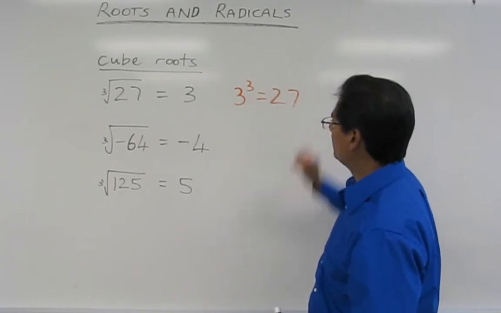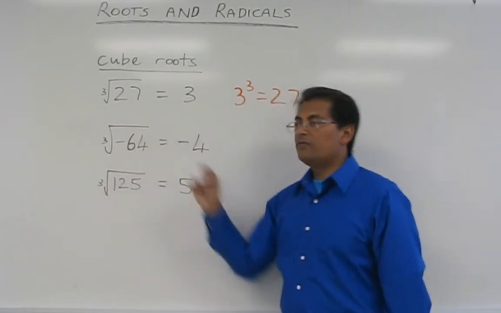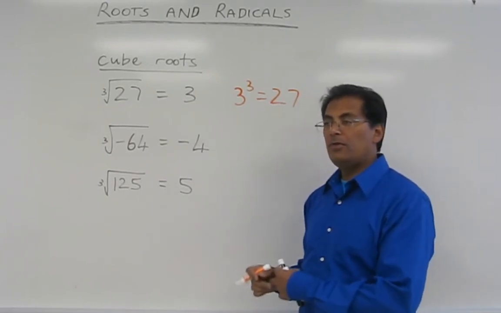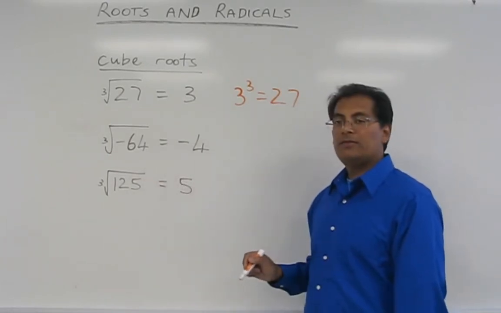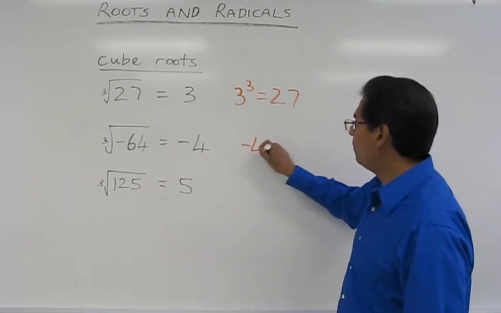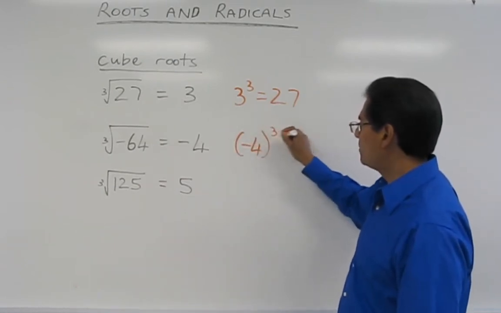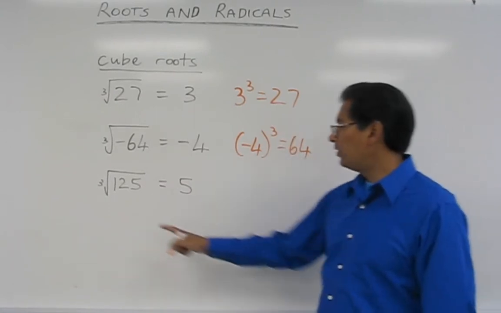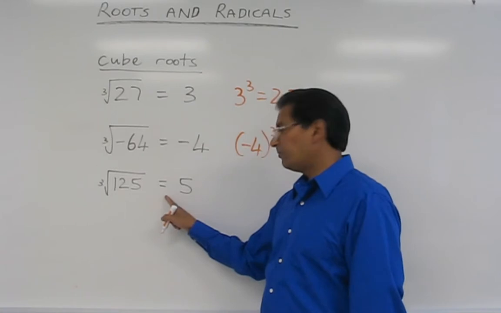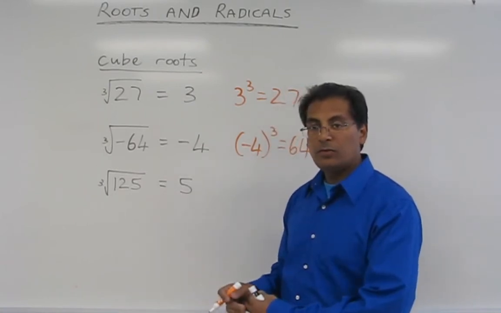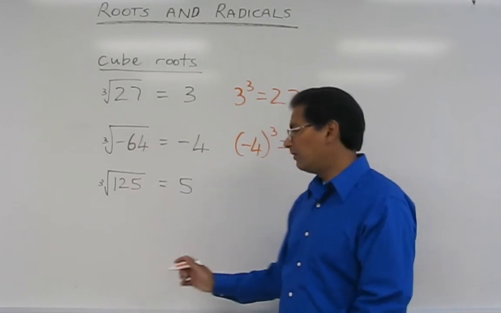is 27. Similarly, the cube root of negative 64 is going to be a negative answer. We said the cube root of a negative number is a negative number, and it is negative 4. Why? Because negative 4 cubed would give me negative 64. Cube root of 125 is 5, because 5 times 5 times 5, 5 times 5 is 25, times 5 is 125.